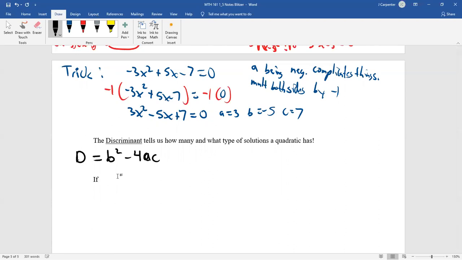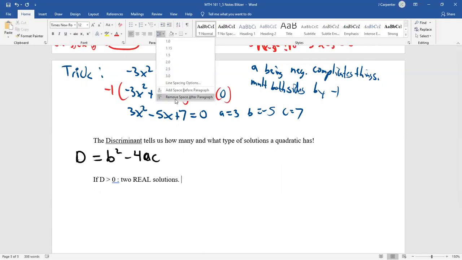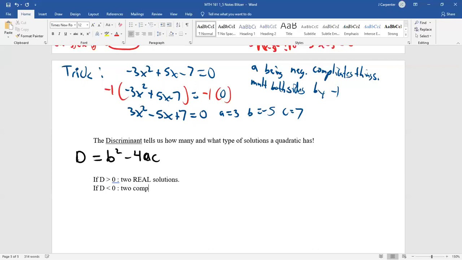If the discriminant is positive, there are 2 real solutions. Real meaning no i's. If the discriminant is negative, there are 2 complex conjugate solutions.